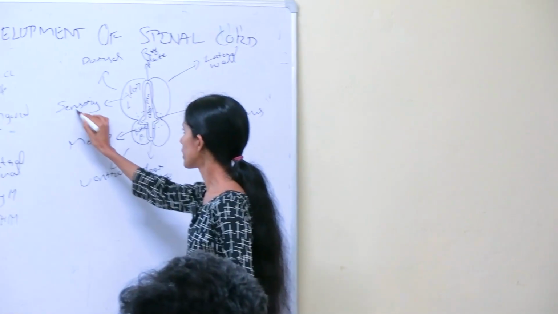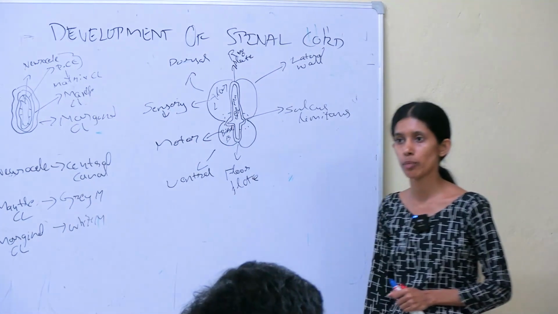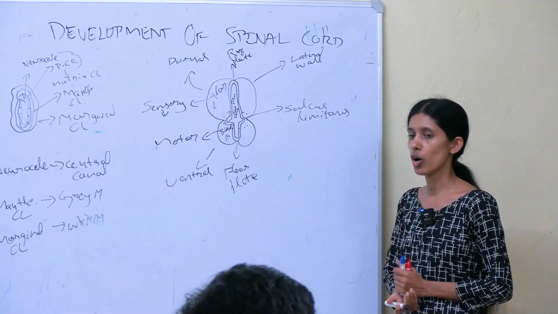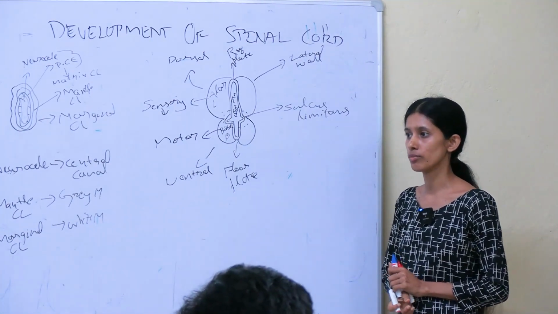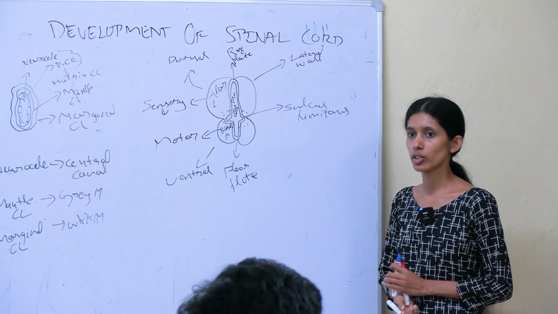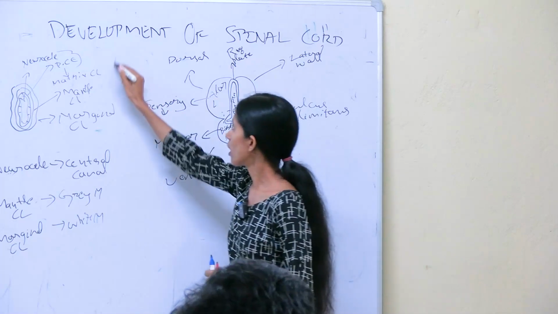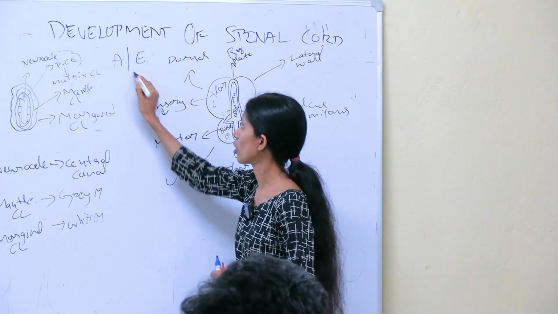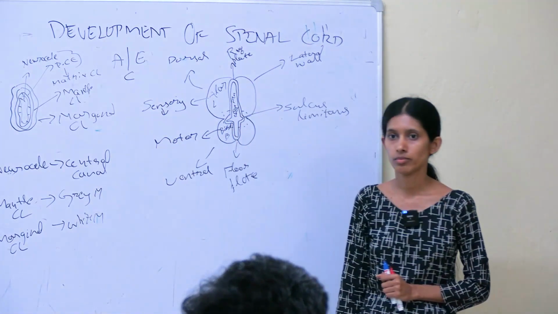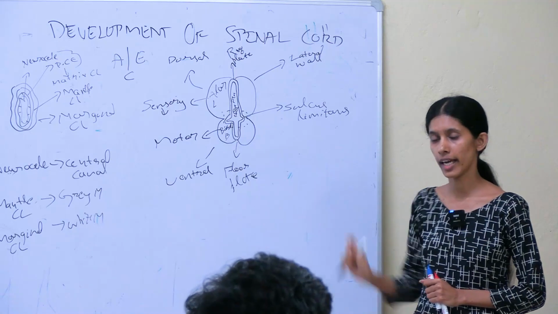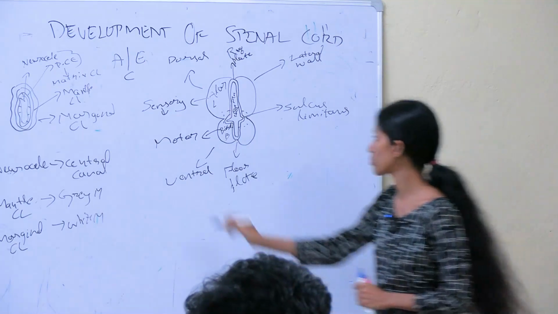If it is sensory in function, which type of columns can be seen here? Afferent columns or efferent columns? A or E? A. Okay.